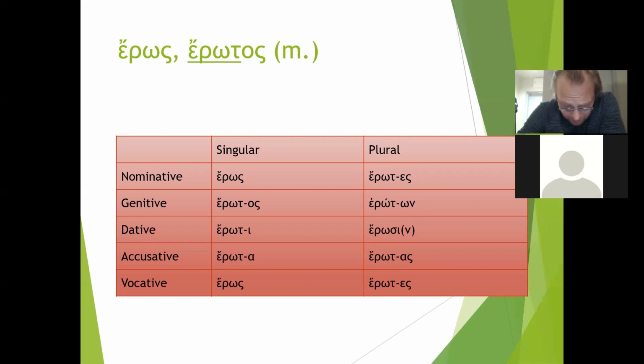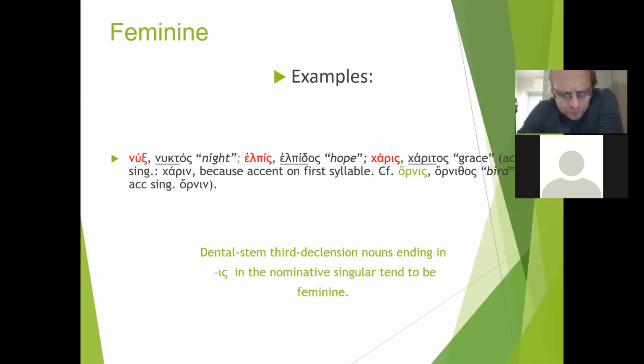There are also many feminine nouns in the third declension with stems ending in dentals, and you can find a selection of them here. So we have, for instance, here nyx, which means night, and has the genitive singular form nyktos.